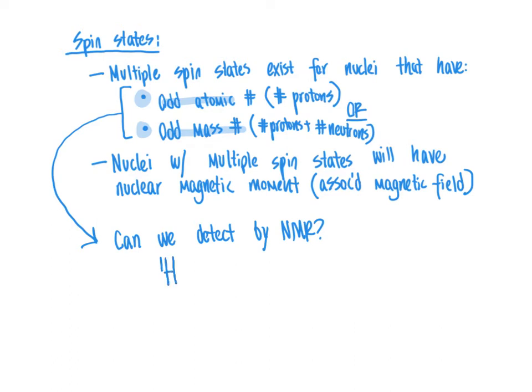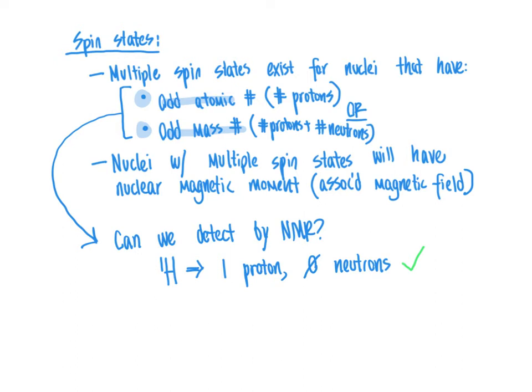That indicates that hydrogen has 1 proton and no neutrons. Would that be detectable by NMR? Does it have multiple spin states, in other words? The answer is yes, it has multiple spin states because with 1 proton, it definitely has an odd atomic number. And so it meets the criteria for being NMR active.